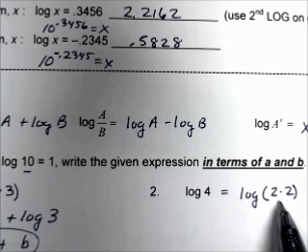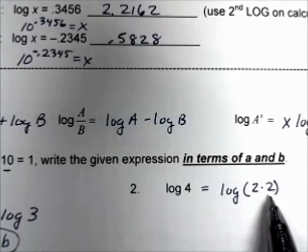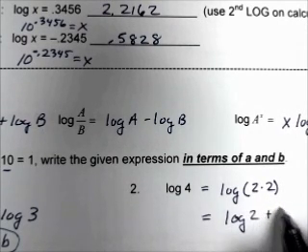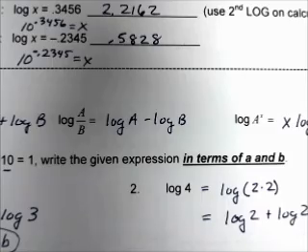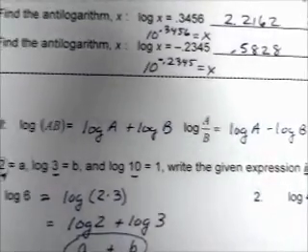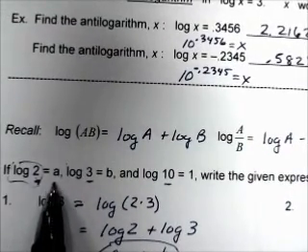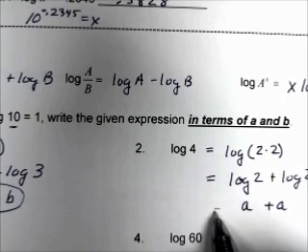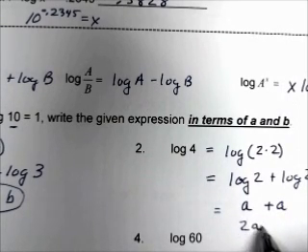And now use our log rules. Multiplication expands to addition, so this would be log 2 plus log 2. Now log 2 is equivalent to a, so this would be a plus a. These are like terms, so this combines to 2a.